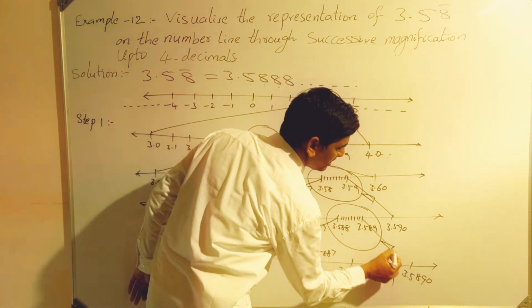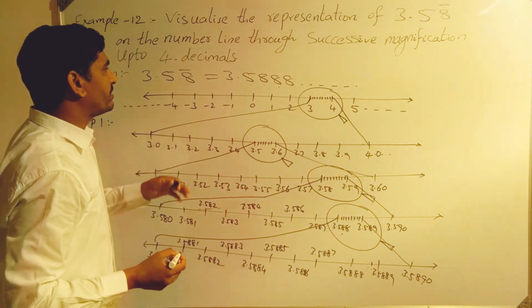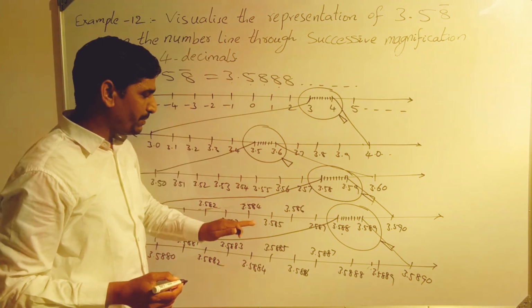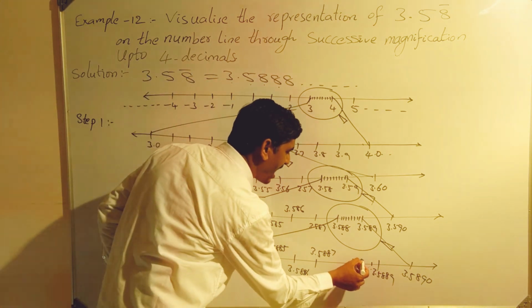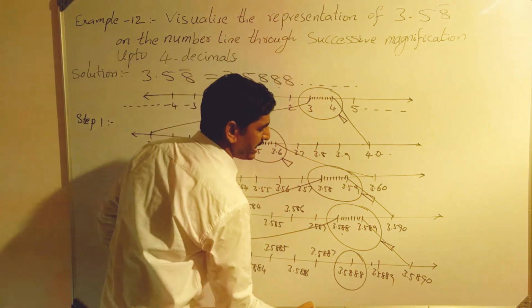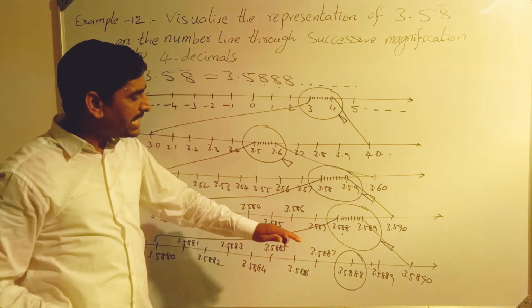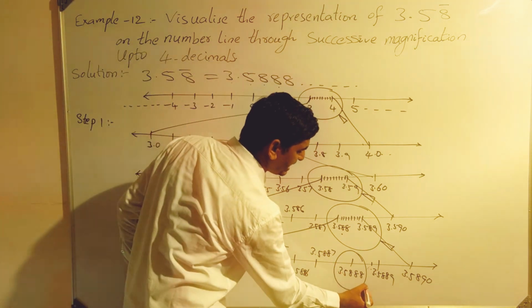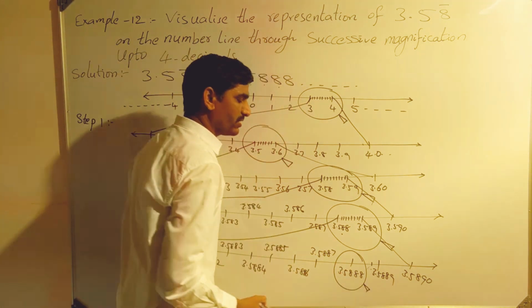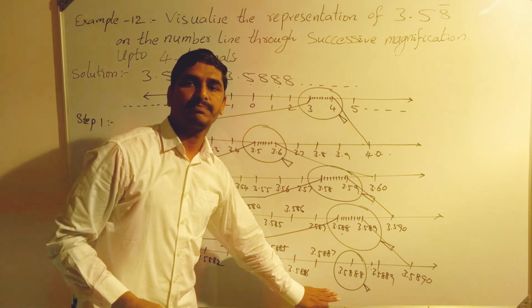Now this is here. We need up to 4 decimals. 3.5888 is the answer. Now we have found 3.5888. This is the final answer.